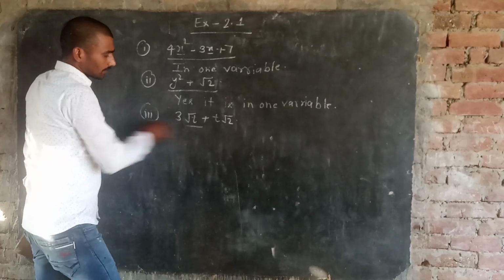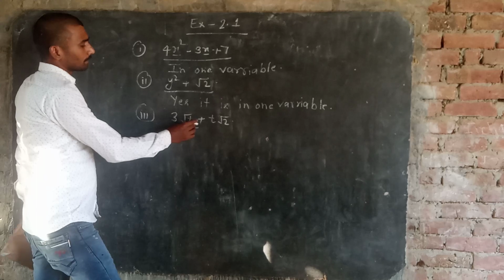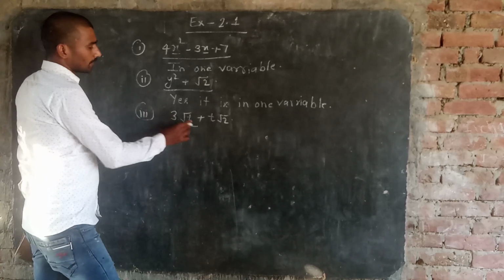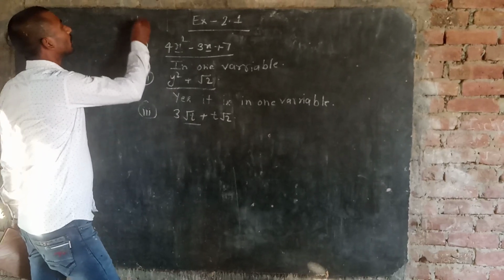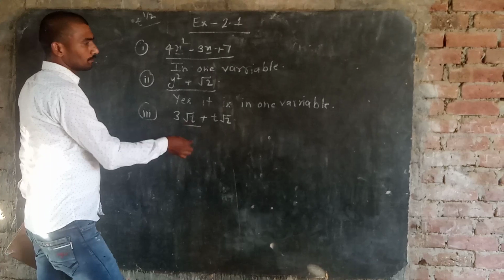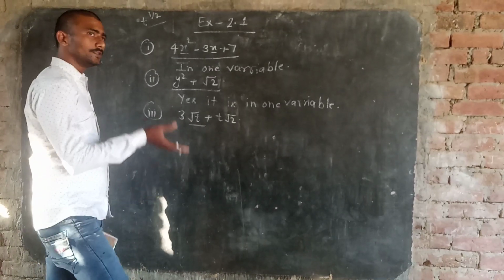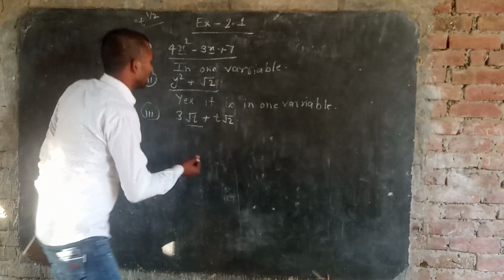Here there is a t variable, but the power of t is 1 upon 2, so it is not a polynomial. If it is not a polynomial, then it is not a polynomial in one variable.